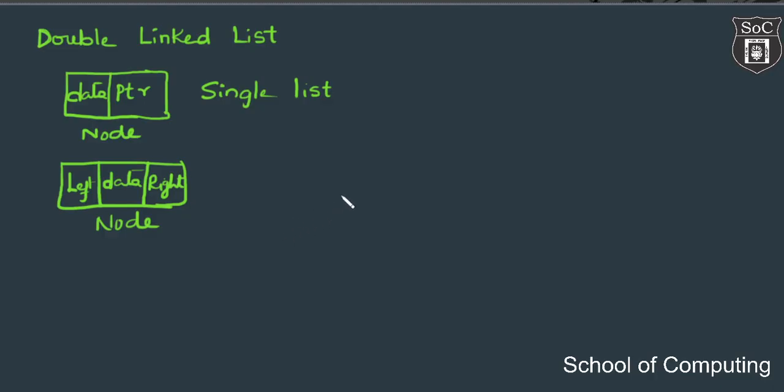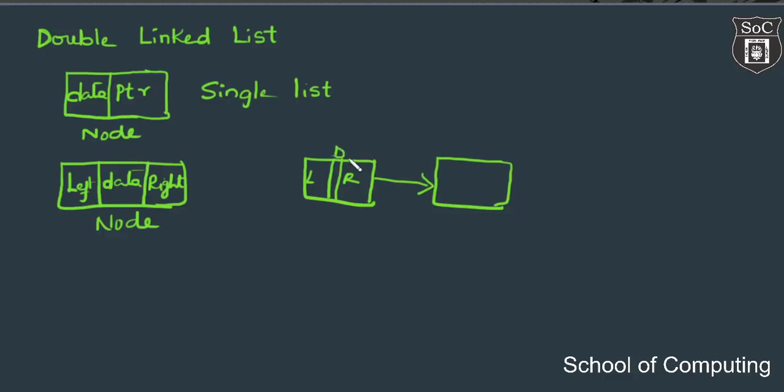So a double linked list will look something like this. You have multiple nodes. With the help of pointers, I will be able to point bidirectionally. From one node I will be pointing to another node. Maybe this is left, you call this one right, and of course I have a data column.